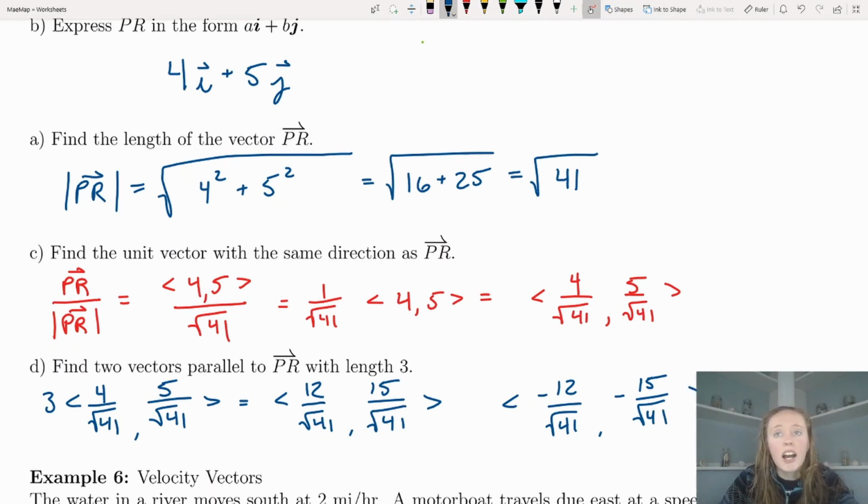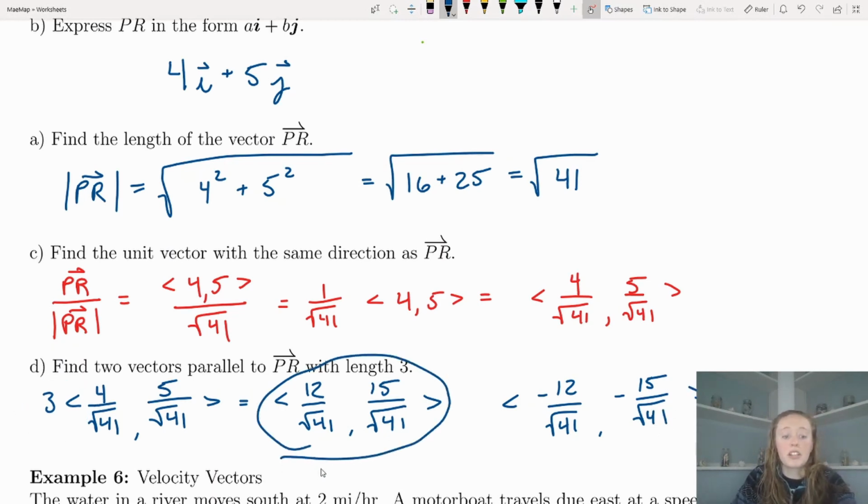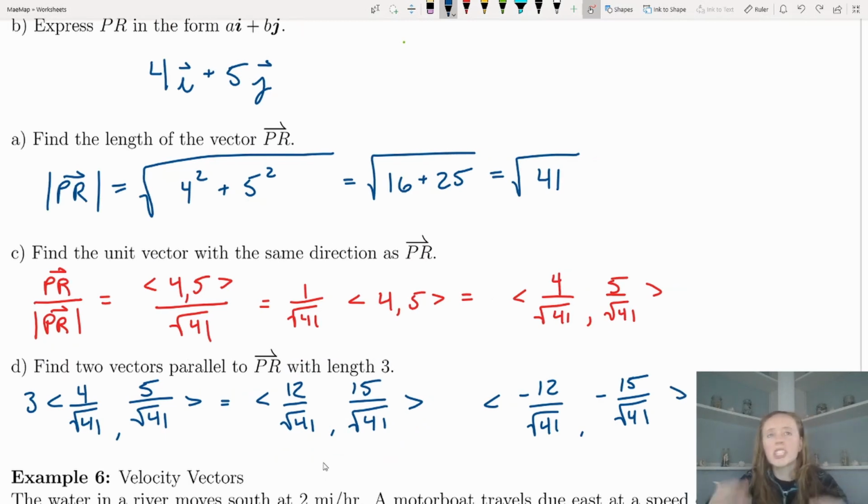So essentially, I just multiplied negative 1 to the vector that I already created with a length of 3. And just to get you thinking about this, when we multiply by a positive scalar, we're going to wind up going in that same direction as our original vector. Whereas if we multiply by a negative scalar, so if some scalar is less than 0 and we multiply it to our vector, we wind up pointing in the opposite direction as our original vector. They are all still parallel.